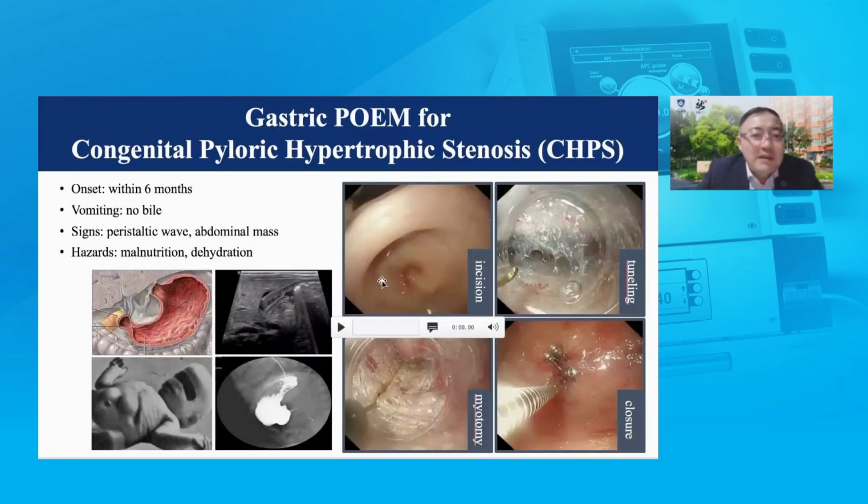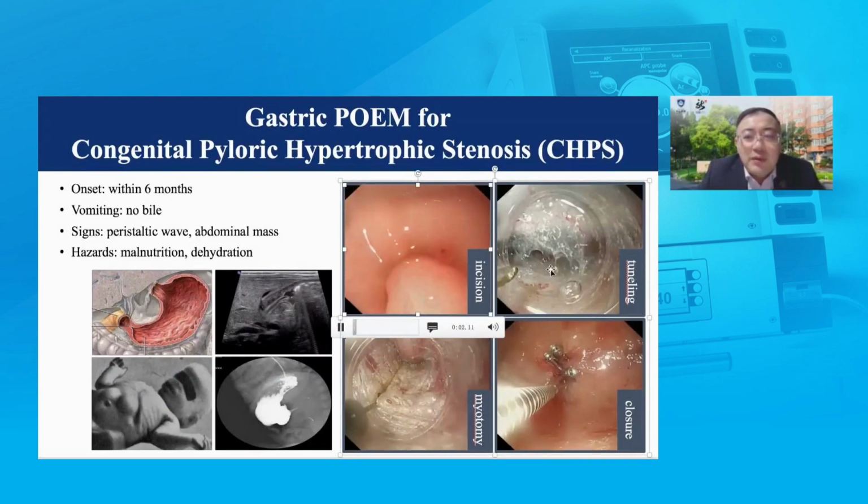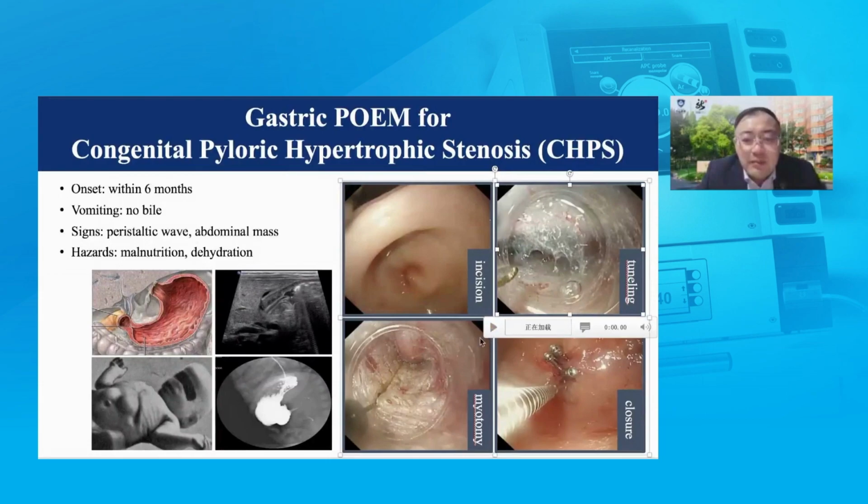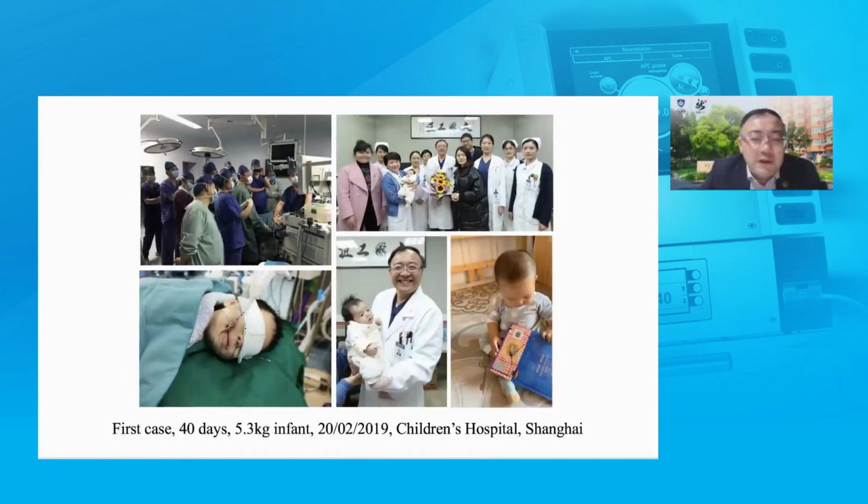With the POEM procedure, we can build a short tunnel in the submucosa and cut the circular muscle in the pylorus, and at last we can close the entrance to the tunnel. 3 years ago, I finished the first case of the GPOEM for such young patients in Shanghai.